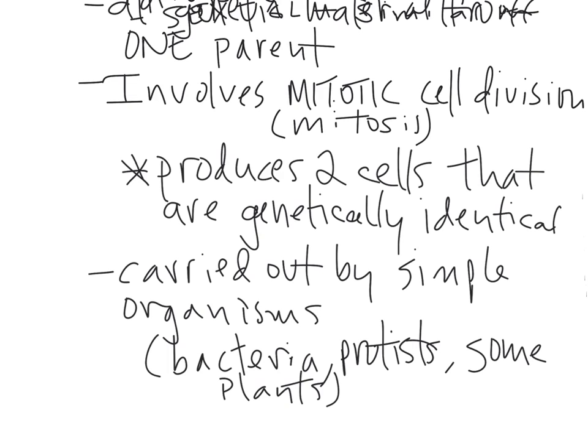Certain types of plants are able to produce what they call runners, horizontal roots that run just under the ground, and wherever they hit the surface, they sprout a new plant. Or if you've seen potatoes, sometimes the eye of a potato can grow into a new potato. That would be an example of asexual reproduction in some types of plants or plant structures.